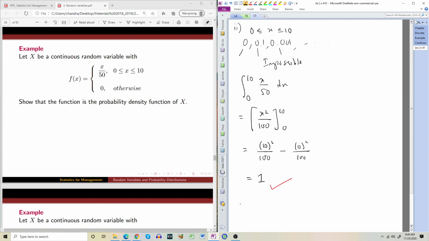Therefore f(x) is a probability density function of x. You have to make sure you show the two conditions are fulfilled, then it is a probability density function.